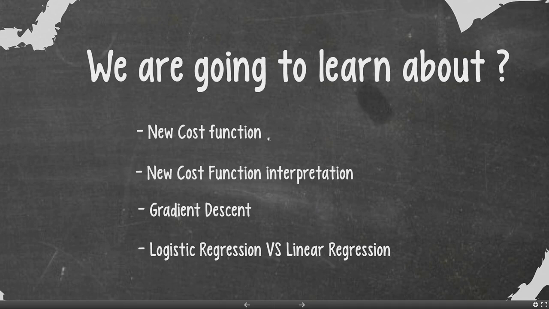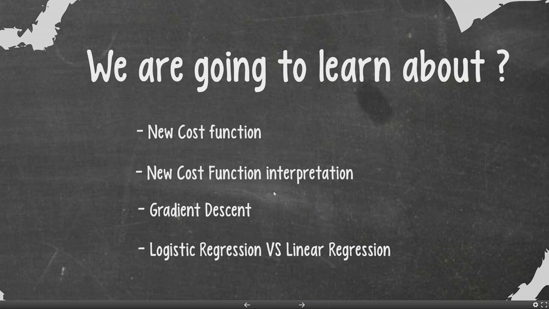So in this video, we're gonna learn about the new cost function. You know that in order to implement gradient descent, which is the third part of our video, we need a cost function. And as you see, the cost function that we're going to use for logistic regression is not the same as for linear regression.